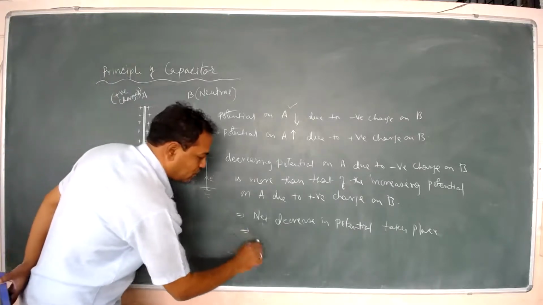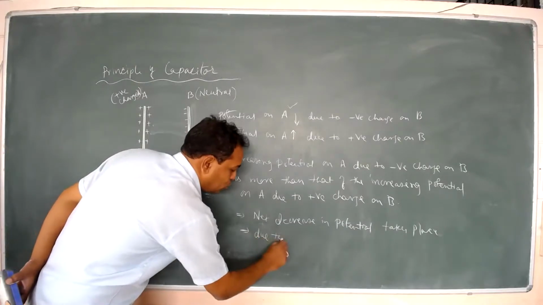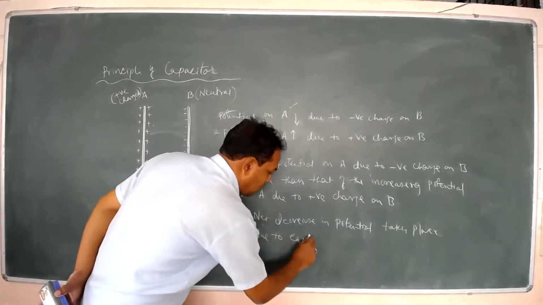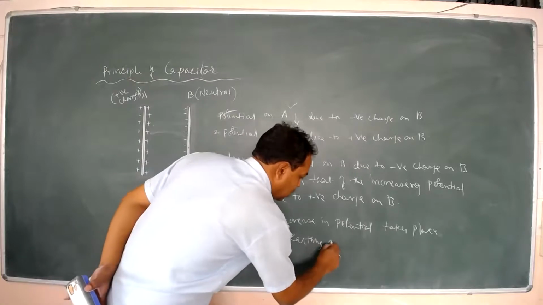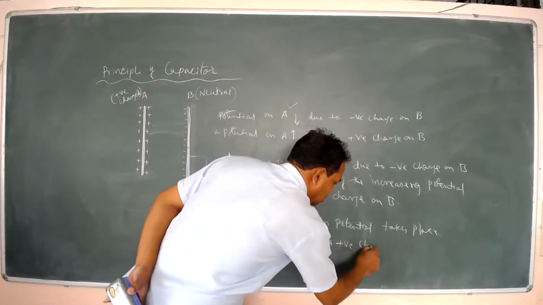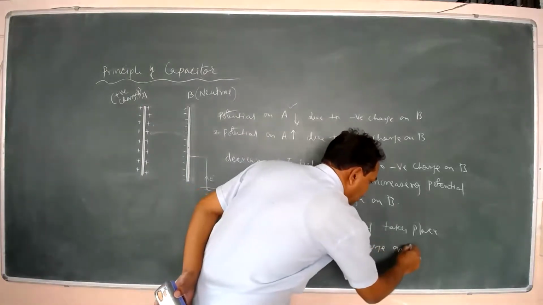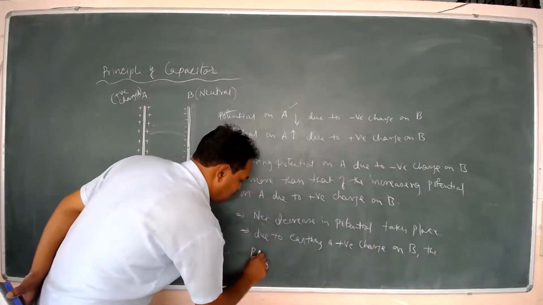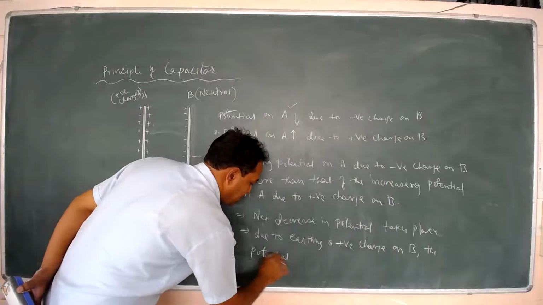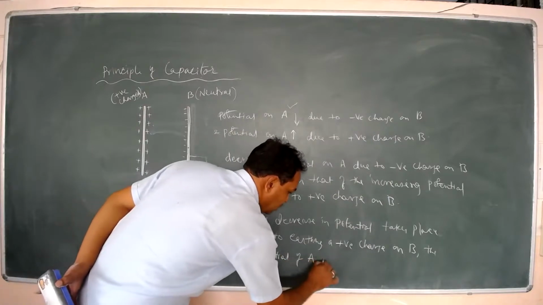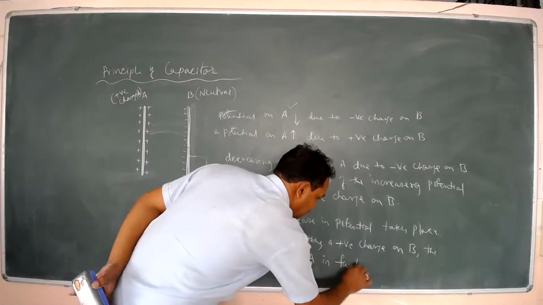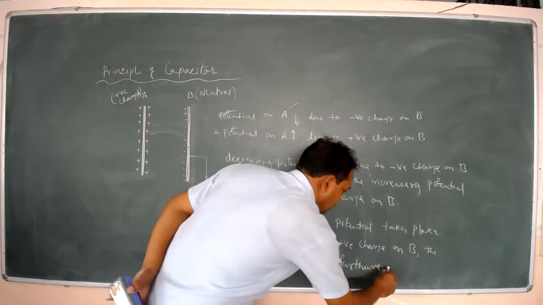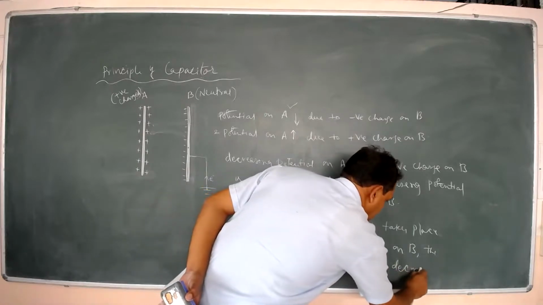This implies that due to earthing the positive charge on B, the potential of A further decreases.